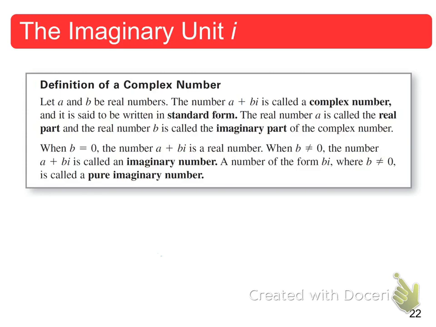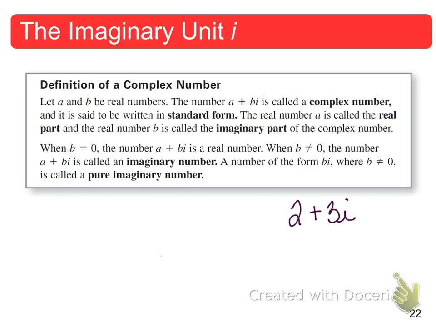So if you've got 2 plus 3i, and that happens a lot, this is a complex number. The 2 is real, because we can put 2 on the number line. The 3i is imaginary because it's being multiplied by i. A complex number has a real and an imaginary component. That's what makes it complex.